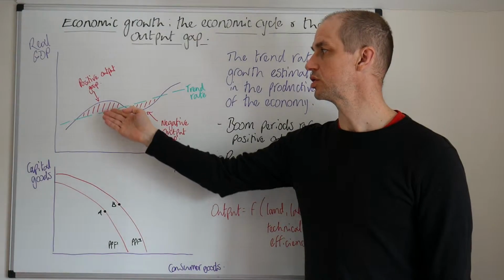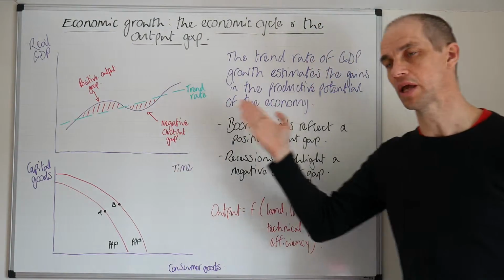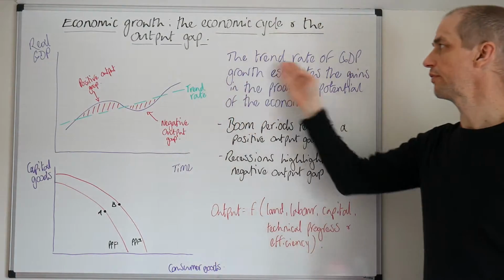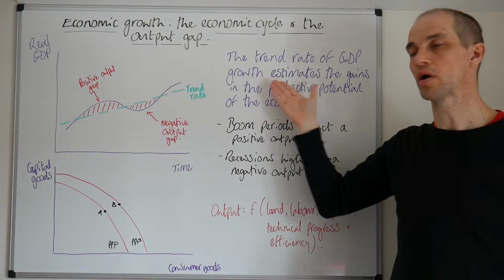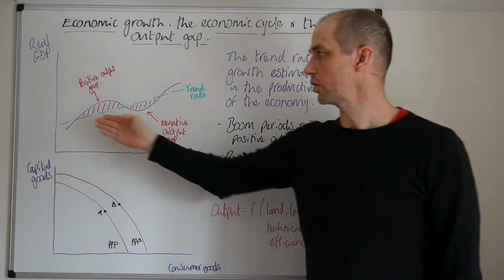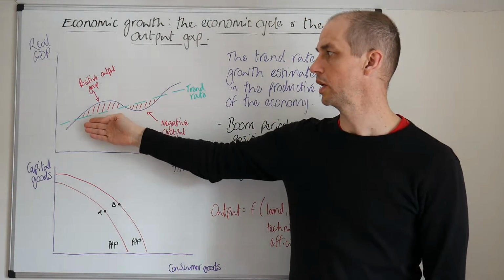Okay, let's talk about each of these periods briefly. So we've got our trend rate identified, and the trend rate of GDP growth estimates the gains in the productive potential of the economy. That's highlighted by our green line.